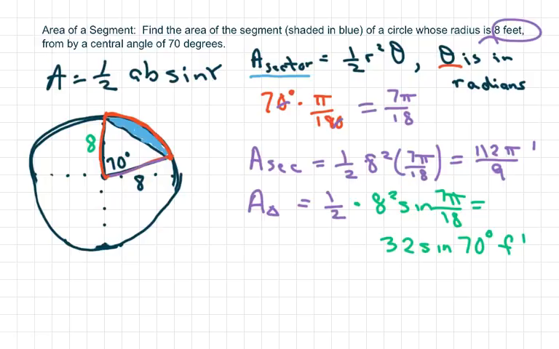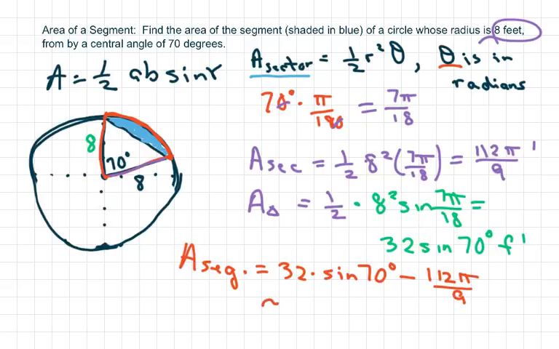And to do the segment you subtract, and so the area of the segment is, we're going to take the area of the triangle, which is 32 times sine of 70 degrees minus 112 pi over 9.